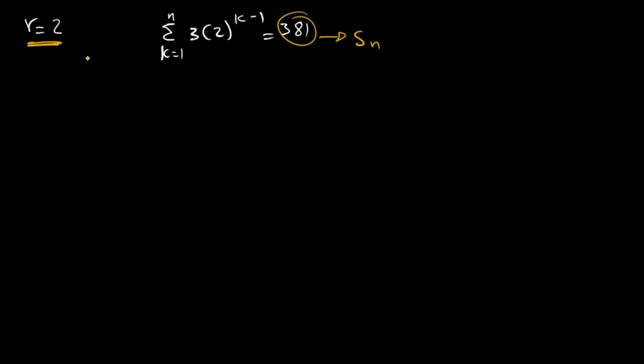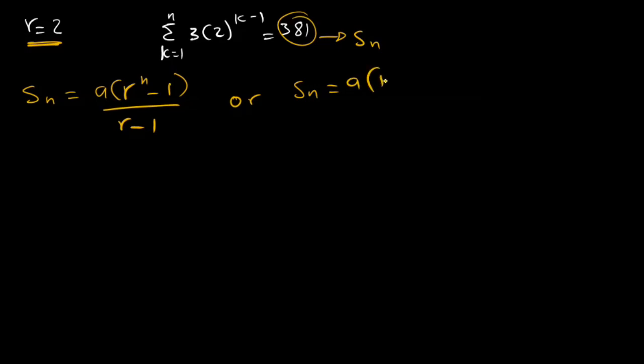So I know the value of R, and I know Sn. Remember, the sum Sn would either be a times R to the n minus 1 all over R minus 1, or Sn can be a times 1 minus R to the n all over 1 minus R. We only use the first one when the value of R is greater than 1, and we use the second when the value of R is less than 1.